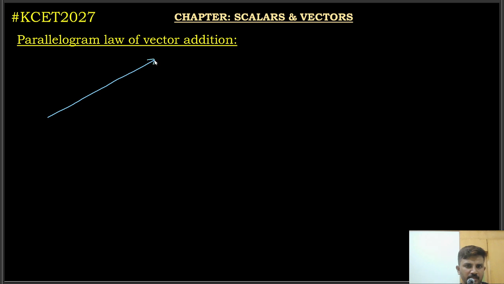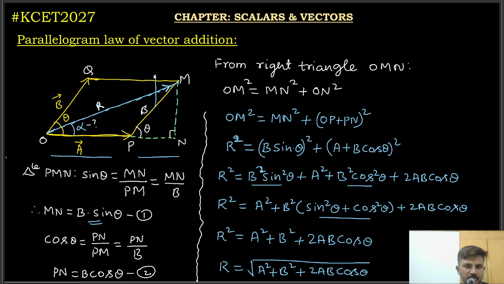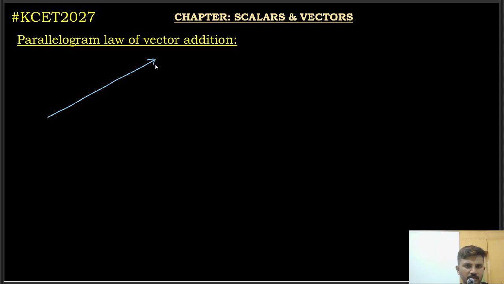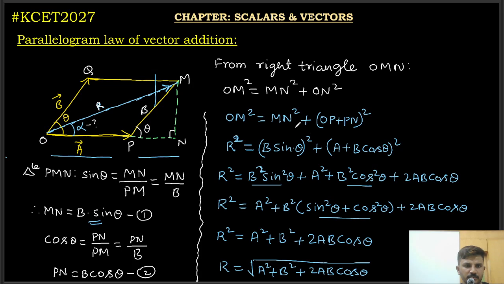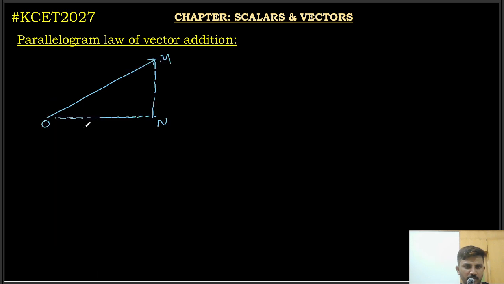This is the resultant vector. This is the perpendicular MN. And here in this direction we have ON. You can join it if you want. M, N. This is O. Look at this diagram. This is OMN, this triangle. So alpha is the angle. I need to find out this alpha.